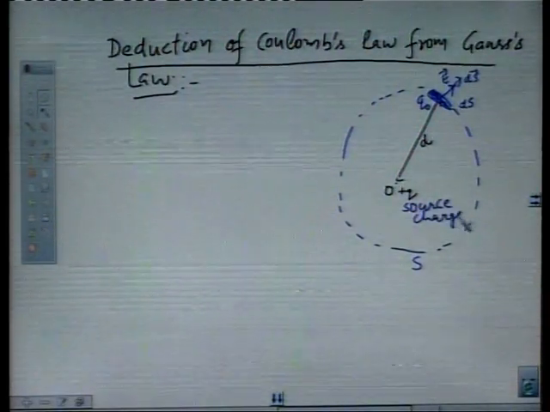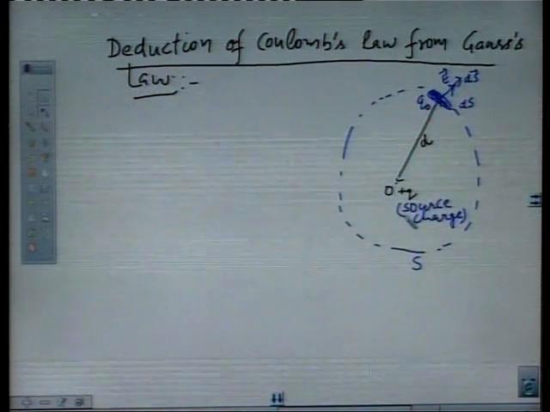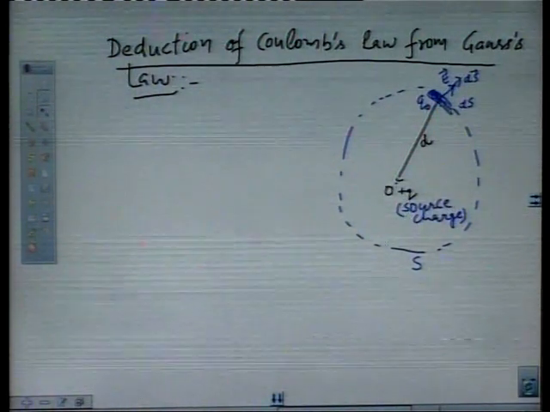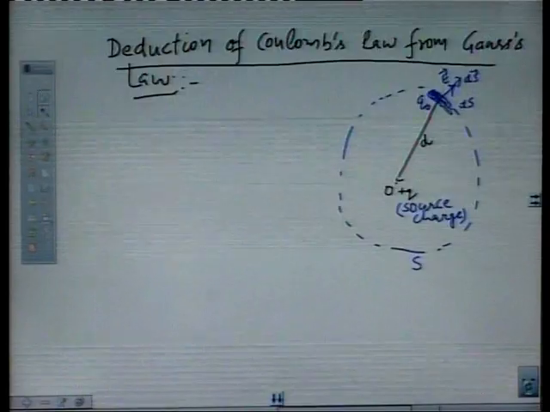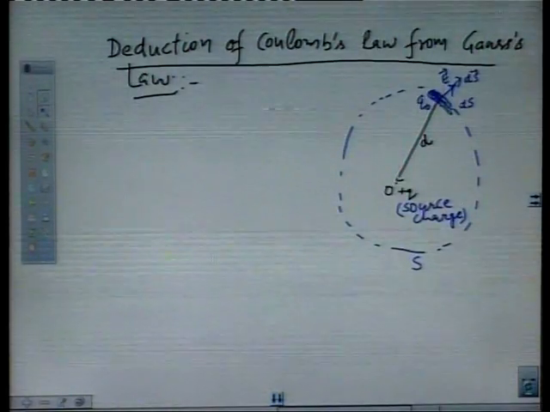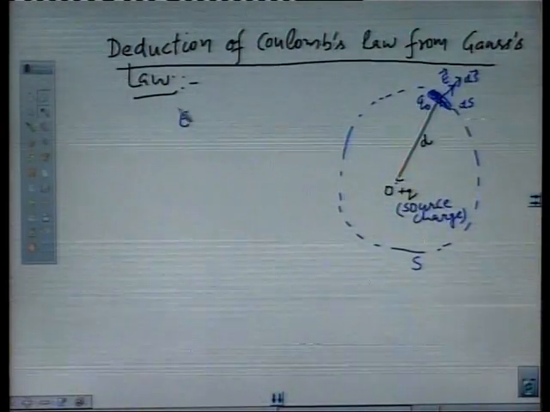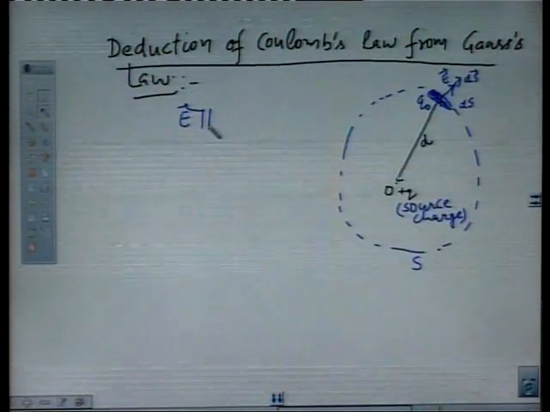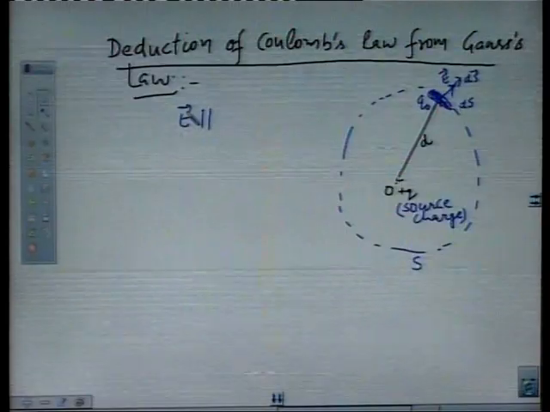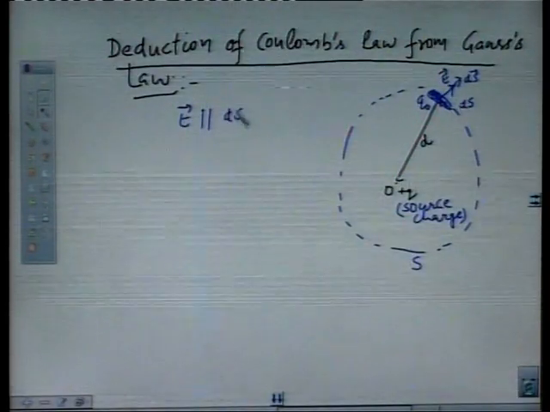It is because it is producing the electric field E at this point. So the direction of electric field is also along the direction of ds vector. So E vector is parallel to ds vector.